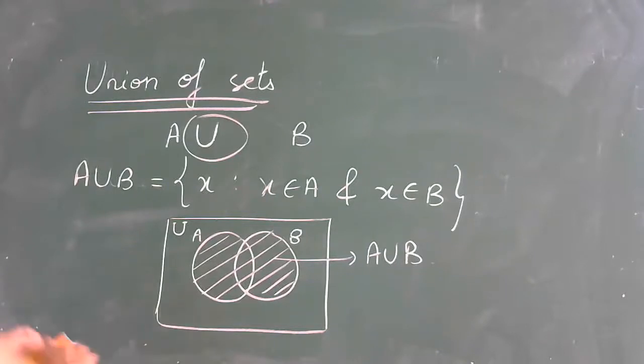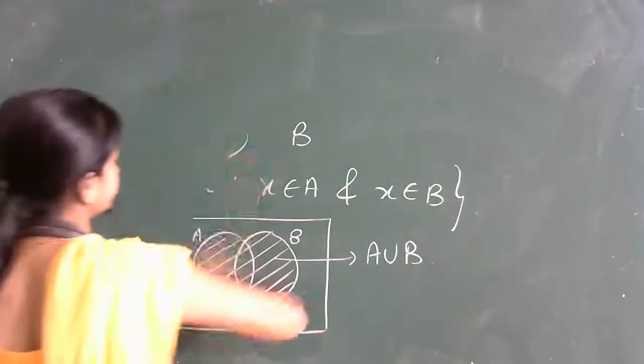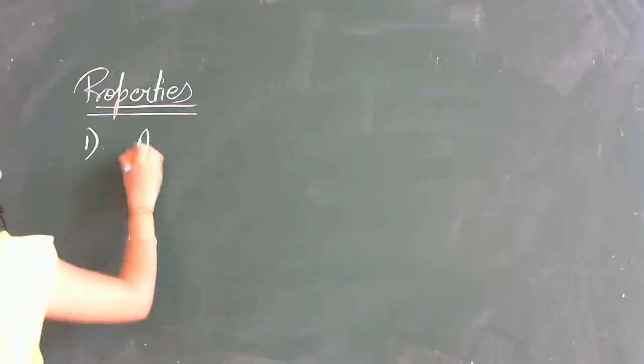Let us see the properties of union of sets now. We have some properties as we have in numbers, like commutative property, associative property, distributive property, right? We have already studied those properties. So similarly, we are going to study properties here. So first property, commutativity.